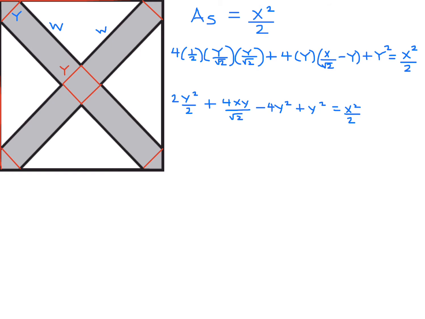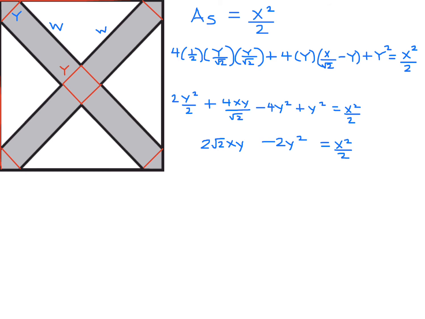Let's see, what can we do here to simplify? Well, this is just y squared, and then minus 4y squared. So that looks like 2y squared minus 4y squared. So that's minus 2y squared. And then this, if you rationalize the denominator, would be 4 root 2 over 2, which is 2 root 2. So 2 root 2 xy. And this is x squared over 2.